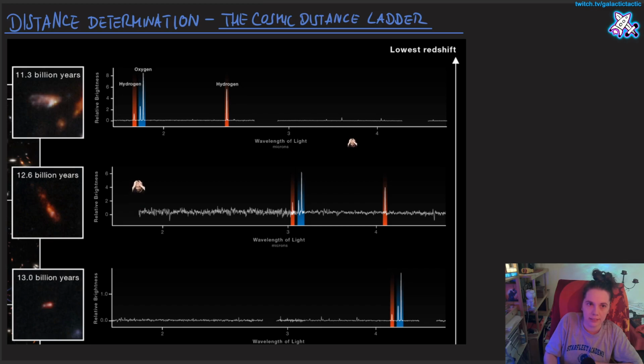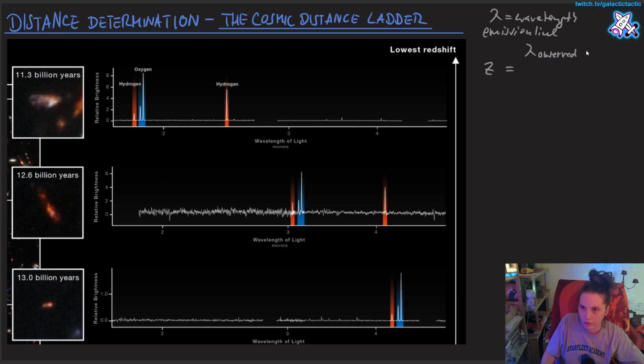So just to write this, Z is the redshift, given by the wavelength that is observed, we subtract the wavelength that is emitted, divided by the wavelength that is emitted, and that gives us the Z value.